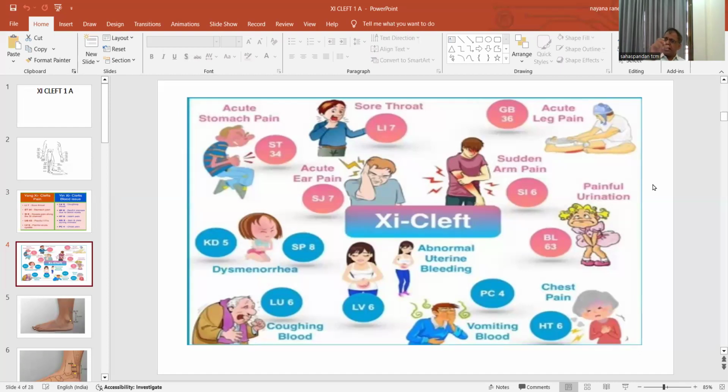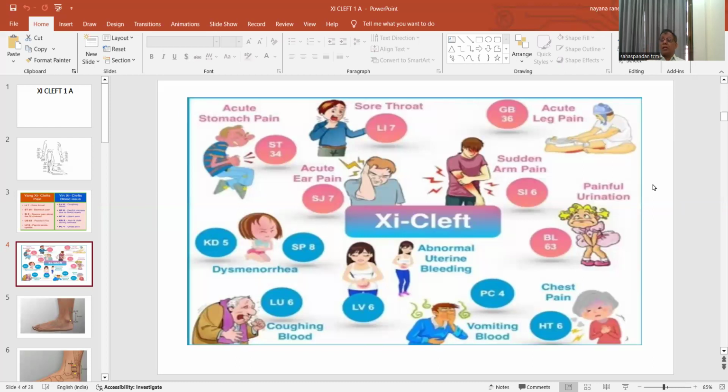So any Xi-cleft point is used for excess pattern. Another characteristic of these points is that they can be used to stop bleeding, especially in acute cases and especially for the channels.